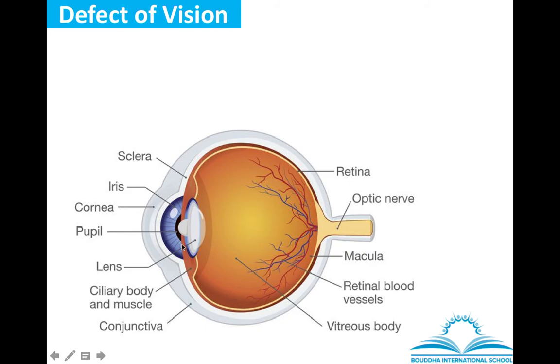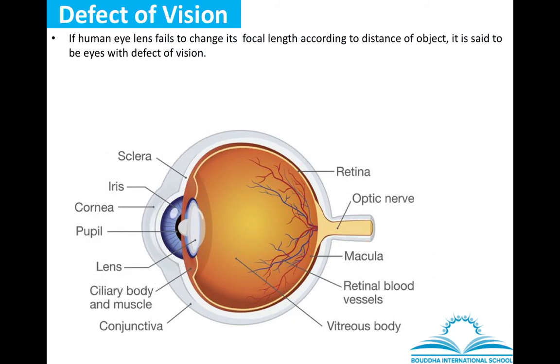If our eye lens fails to change the focal length according to the distance of the object, then the eye will have a defect of vision. There are two types of defect of vision that we'll be discussing here. One is short-sightedness, another is long-sightedness.